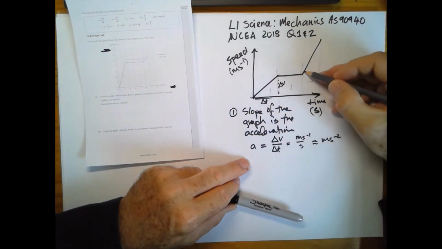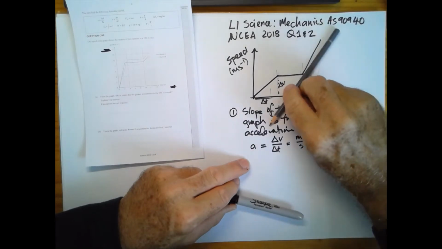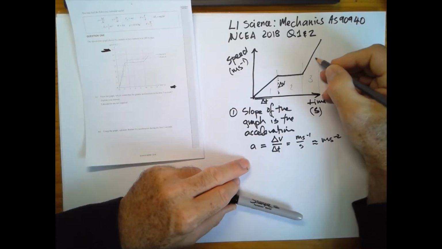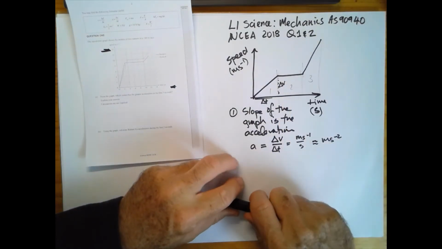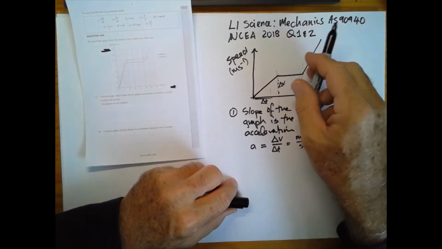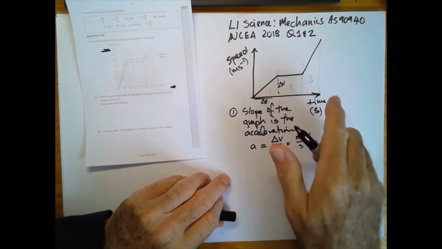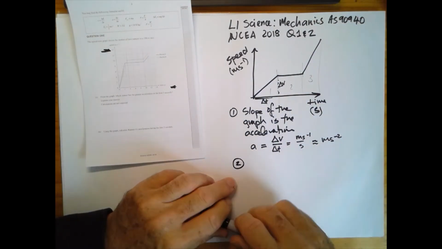When we look at this third section, we can see its slope is greater than the slope in the first section, so the acceleration in this section is greater than the acceleration at that point. That's the first point. The slope of the graph, when we work it out, is equal to the acceleration on a speed time graph. The second thing which stands out is the area under this graph.